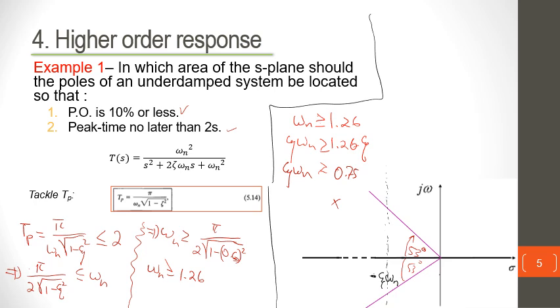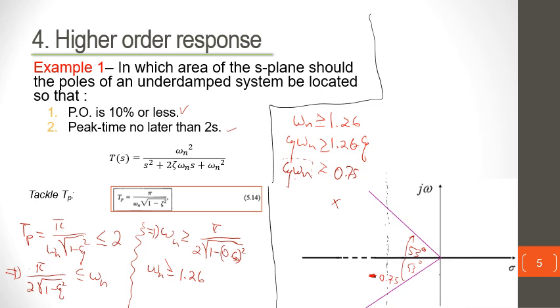So we can see that this magnitude, this value, has to be greater than 0.5. So we can draw a line here. This line would be negative 0.75.